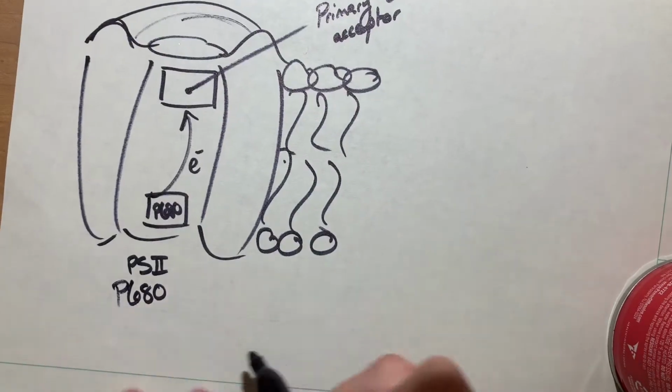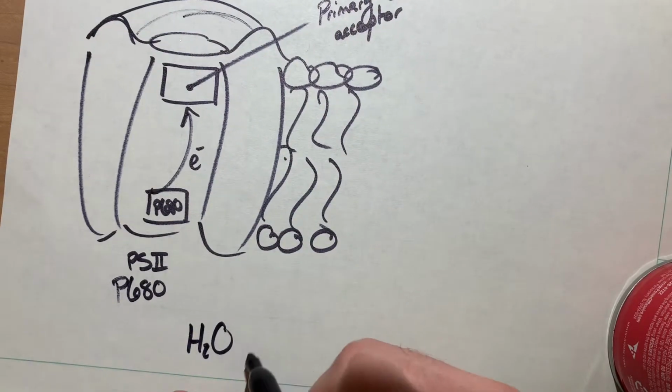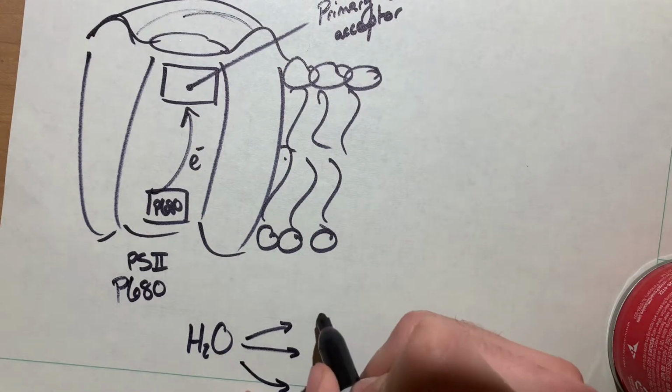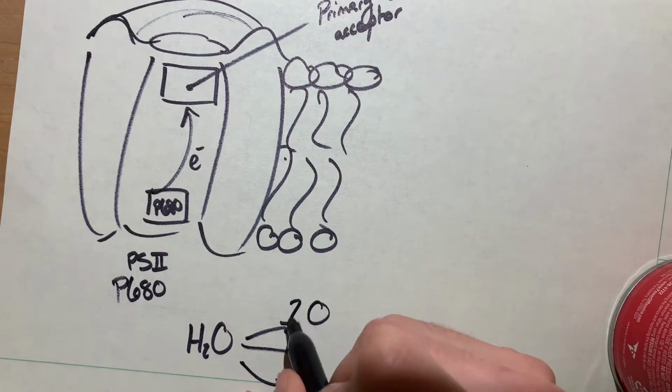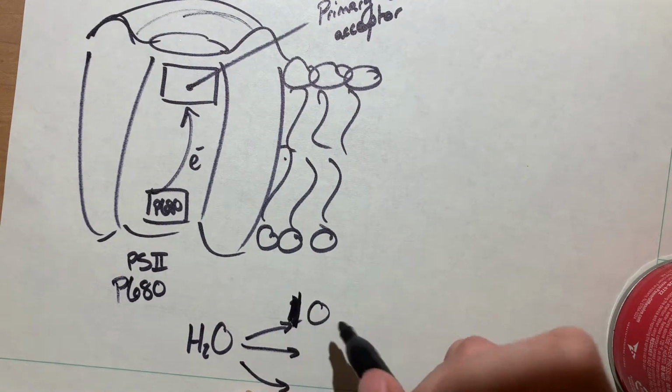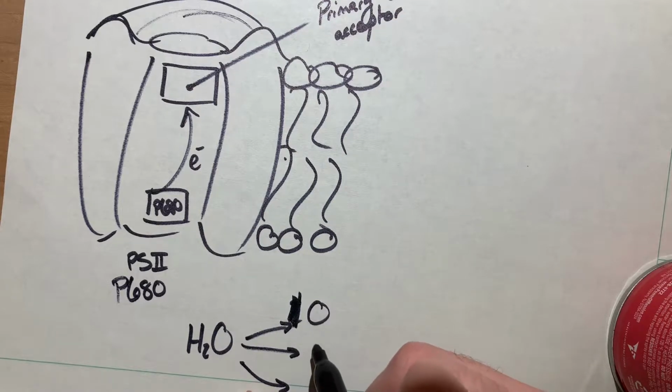This enzyme is going to split this into as many components as possible, almost. Because we're going to have the one oxygen atom, the two hydrogen ions, and two electrons, okay?